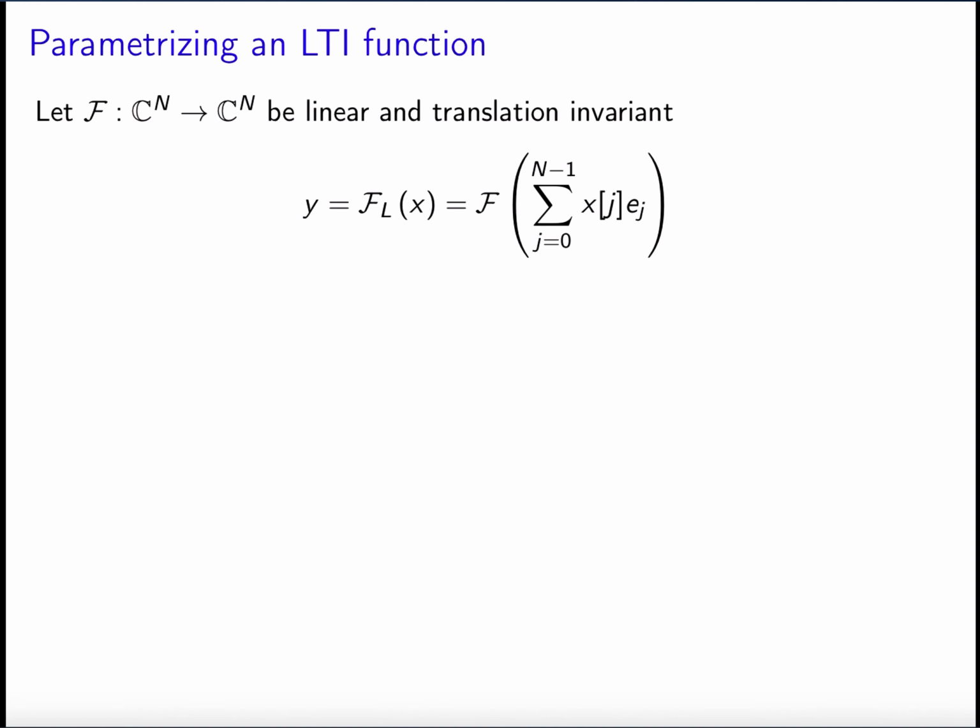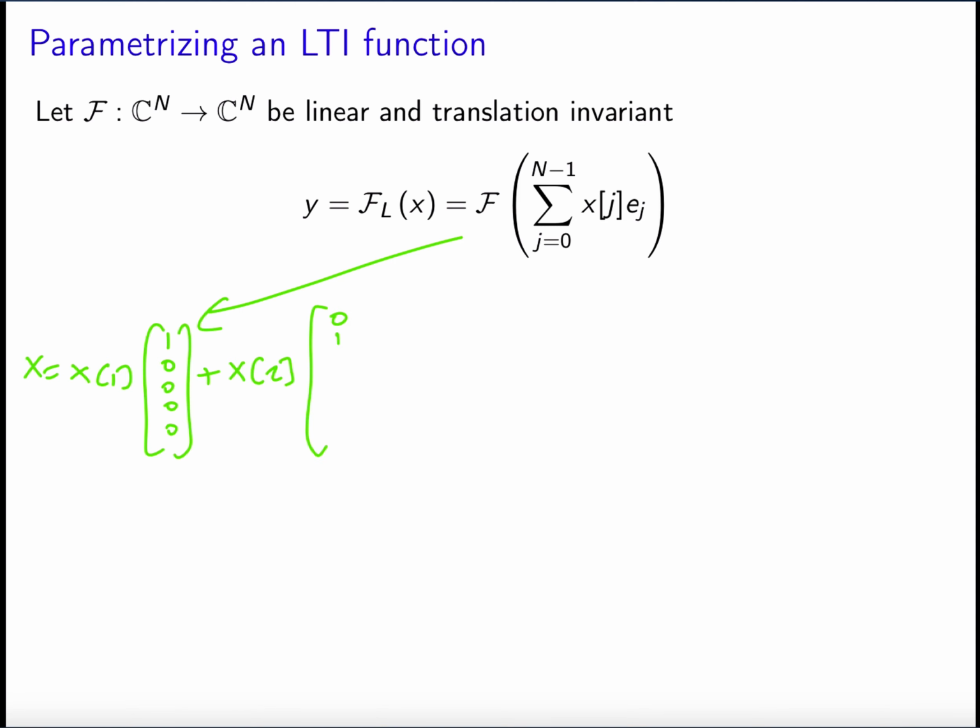Basically, x is equal to its first entry times a vector that is 1 in the first entry and zeros in the remaining entries, plus its second entry times a vector that is 0 everywhere except in its second entry, and so on and so forth. So this would be e1, e2, and so on.